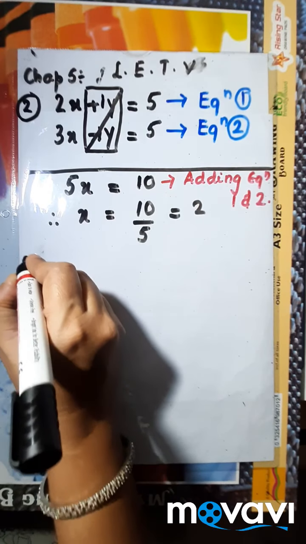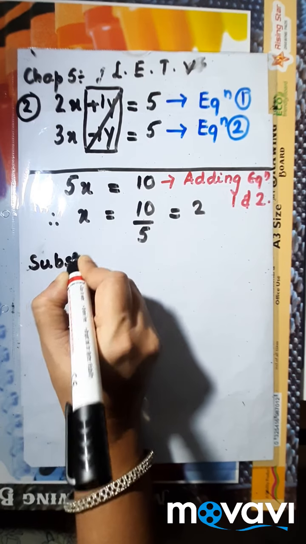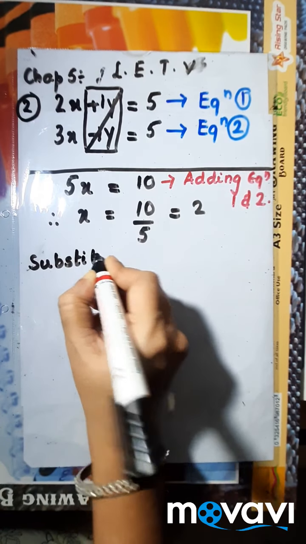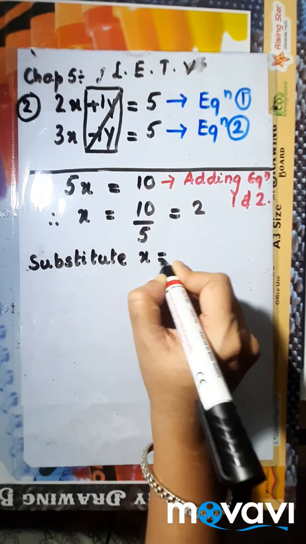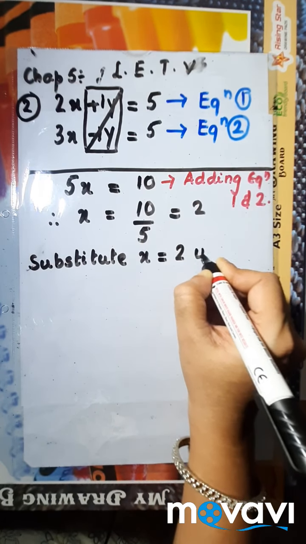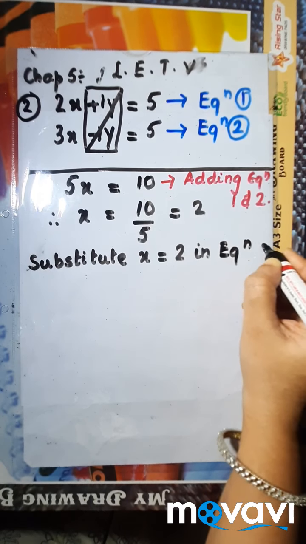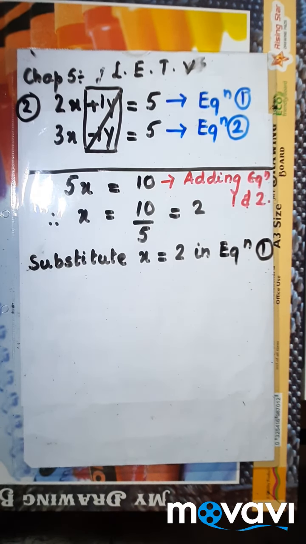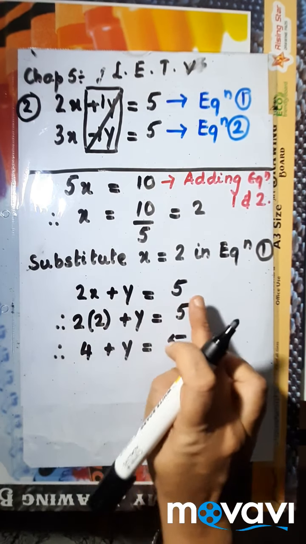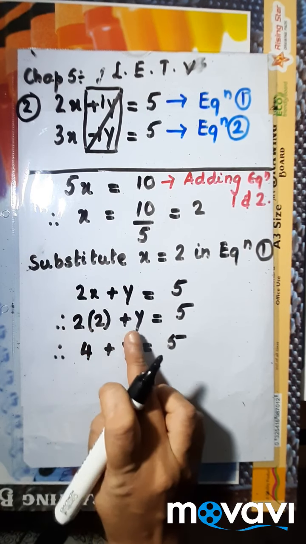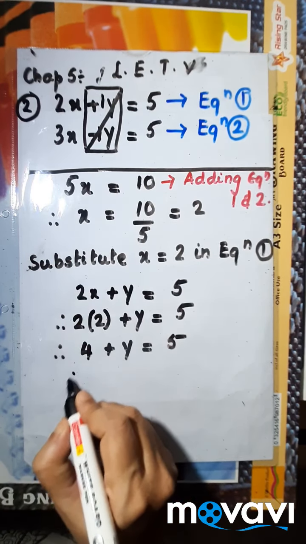Now, next, substitute x equal to 2 in equation 1. So 2x plus y equals 5. Therefore, 2 into 2 plus y is equal to 5. Therefore, 4 plus y is equal to 5.